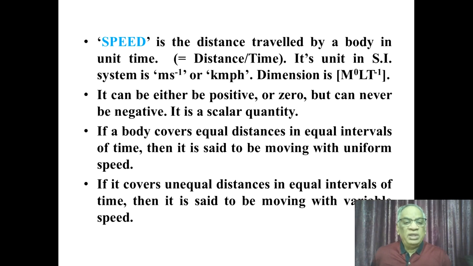If a body covers equal distance in equal intervals of time, that means same distances it is traveling in given time intervals, then it is said to be moving with uniform speed. If it is covering unequal distances, means the distance traveled in given intervals of time is not the same, then it is said to be moving with variable speed.